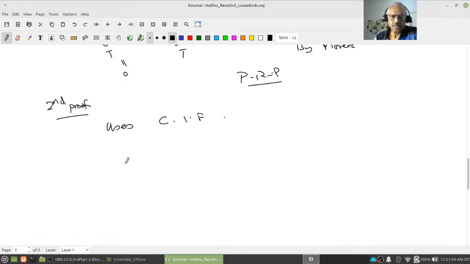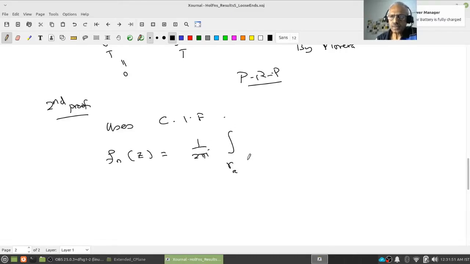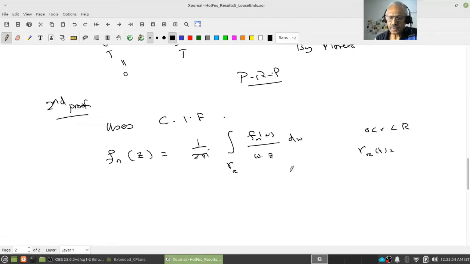So I know Fn of z is going to be 1 by 2 pi i, the integral over gamma R of Fn of w by w minus z dw, where 0 is less than R less than capital R, and gamma R of t, let us say simply gamma of t, is a plus R e to the i t, and so on. I fixed a closed ball containing U, and A is in U, all those things.